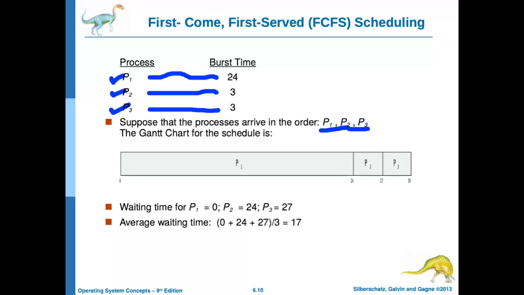The meaning of this is very simple. This is a non-preemptive scheduling algorithm. I'm not saying P1 is scheduled and in between P2, then P3, again P1. No. Once a process is scheduled for execution, until that process finishes, no other process will be scheduled.